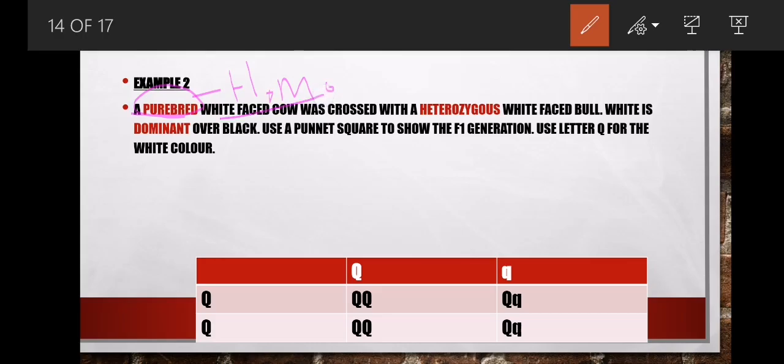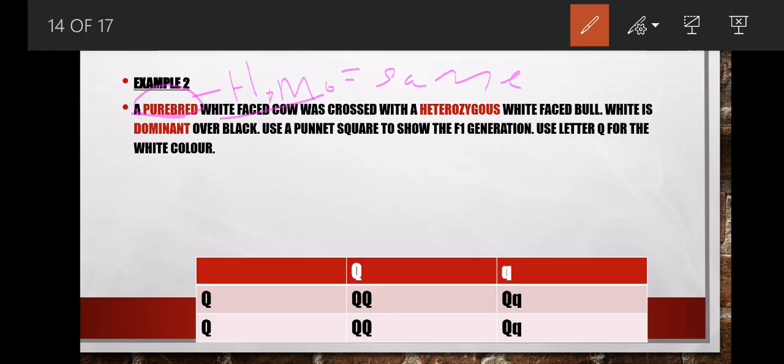What do we mean by homozygous? We simply mean that the alleles are the same. So for the cow, the alleles are similar. Now the question is whether they are both recessive or both dominant. That's the question we have to ask ourselves.